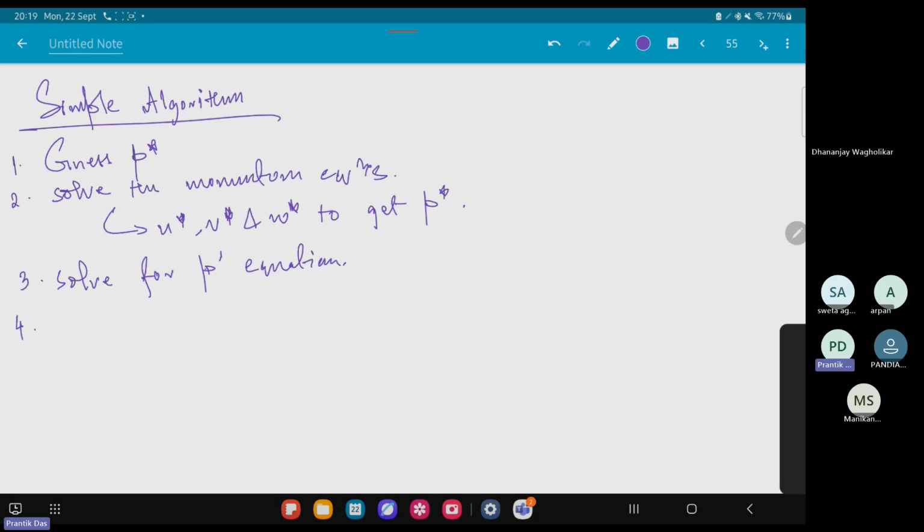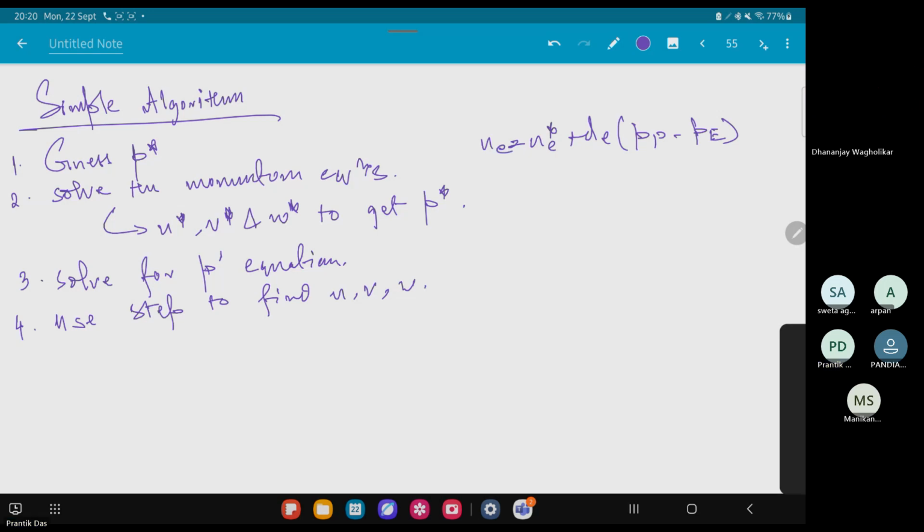Then what you do is you use the correction equations to find U, V, and W, since we know that U equals U star plus D dP prime, with small e.